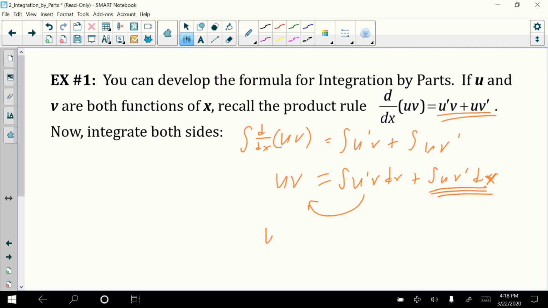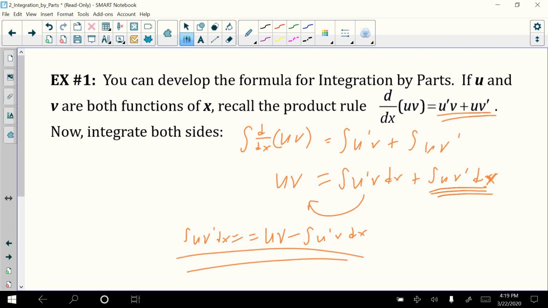So we're going to say u times v minus the integral of u prime v dx will be, and let's just go ahead and put the equal to part on the left side because that's how most people are going to prefer it written, the integral of u v prime dx.